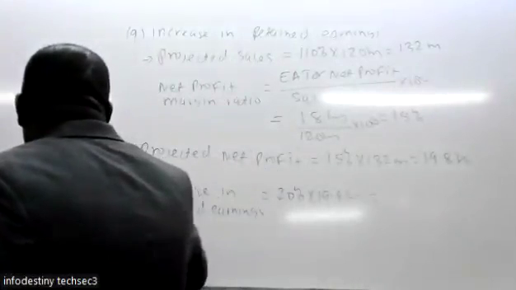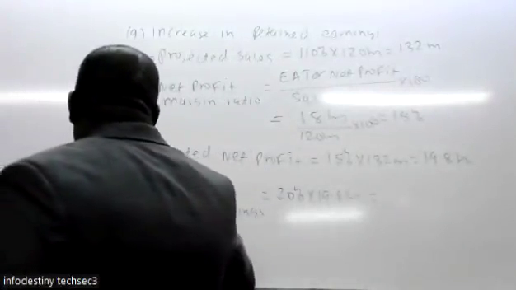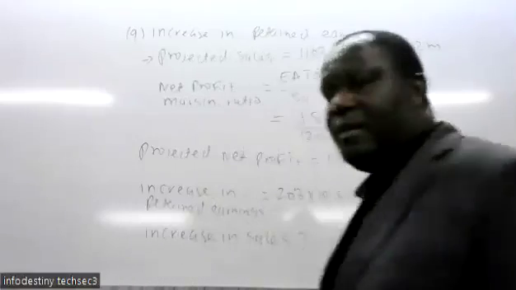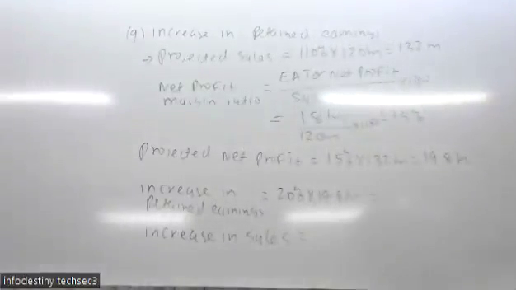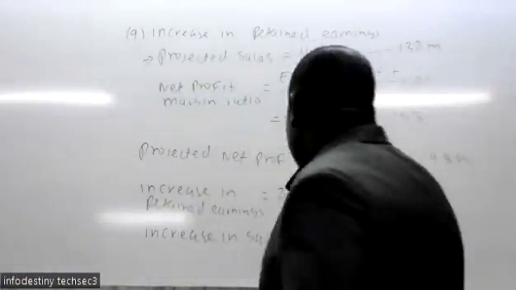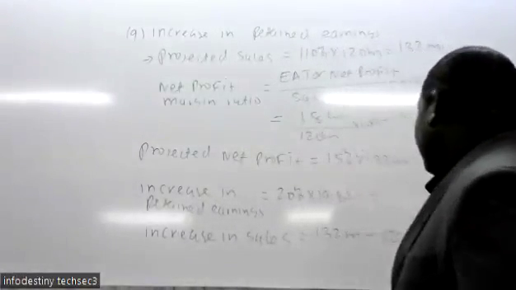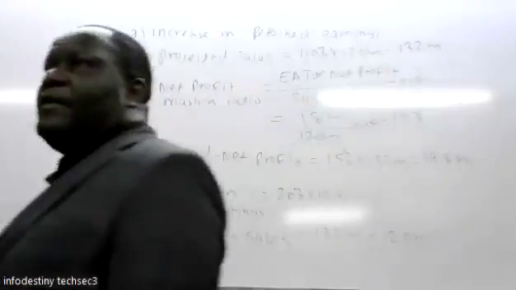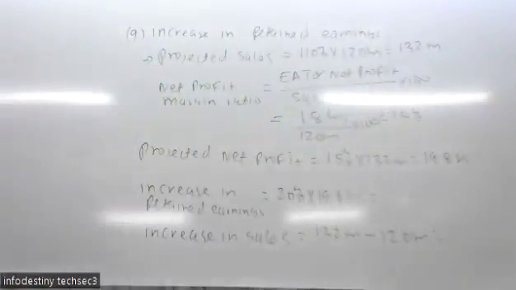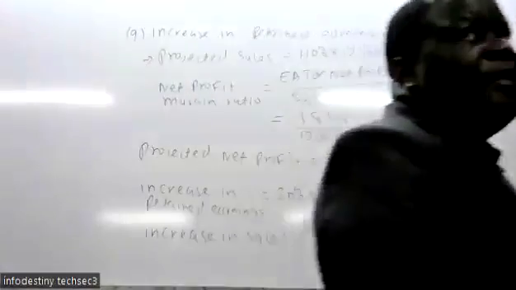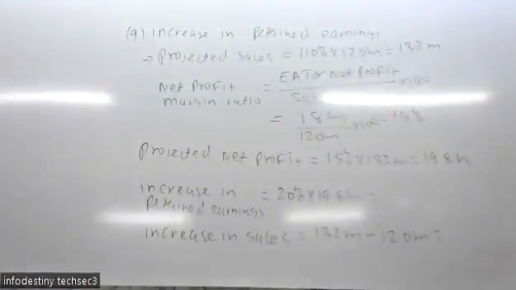Then after that, also calculate the increase in sales. To get the increase in sales, you take 132 million minus 120 million. So now from there, let us answer.